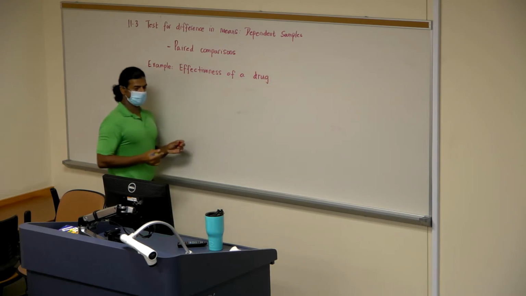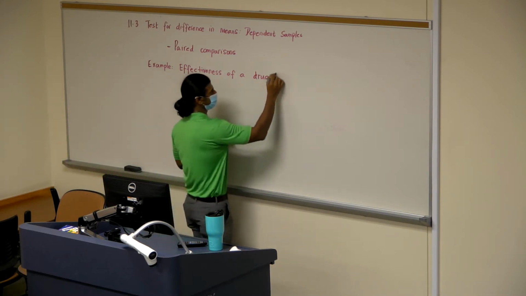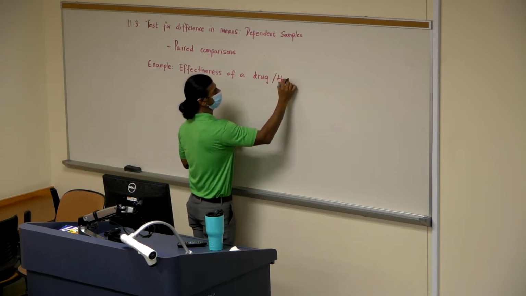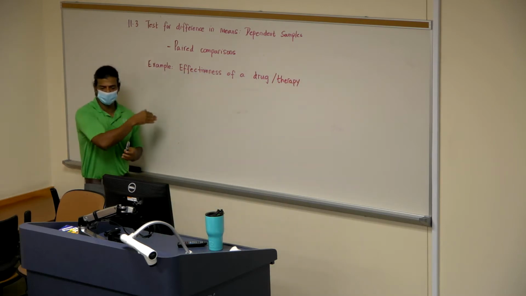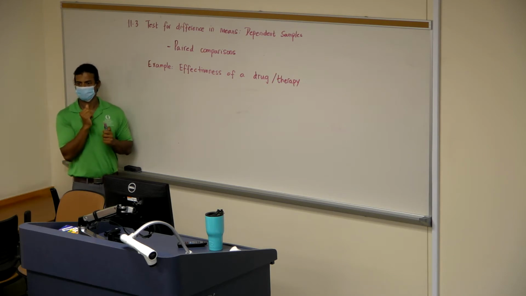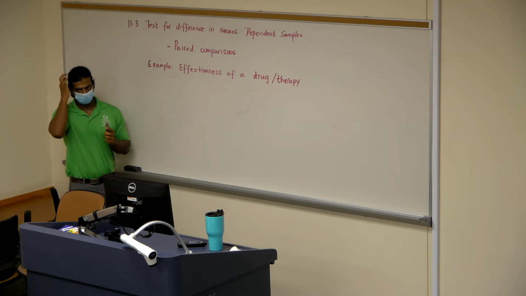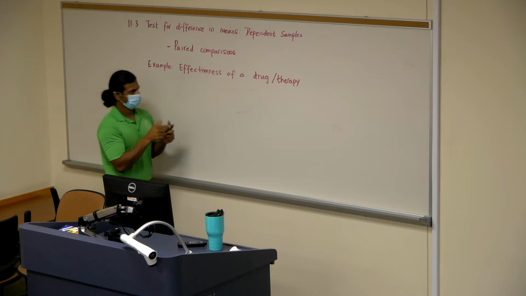One could typically, for example, want to know the effectiveness of a drug or even therapy of some sort. Now, how do we usually assess the effectiveness of a drug or therapy? We usually have a control group that's not on the drug, a group that is on the drug, and a group that's on the placebo.